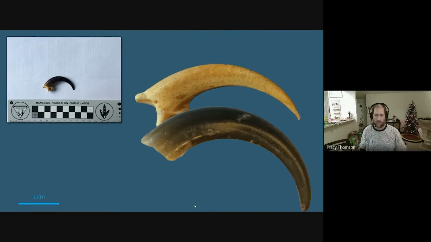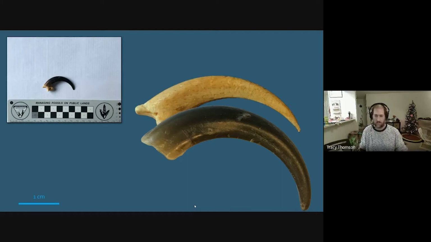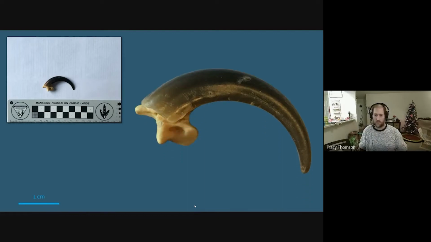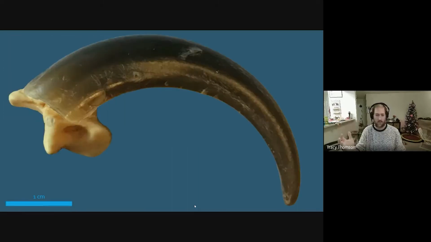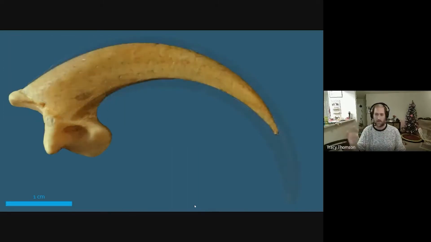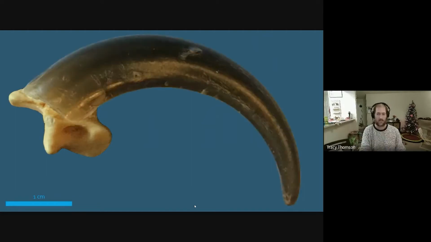I can overlap these back onto each other to produce what the claw looks like in life. And then because they're two separate images, I can play with the contrast and the transparency and the colors to be able to look inside and see what the ungual looks like. And then make measurements of the ungual in life position and its relationship with the sheath measurements as well. So that's what you can see there.